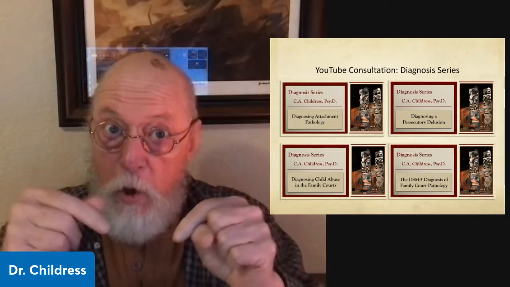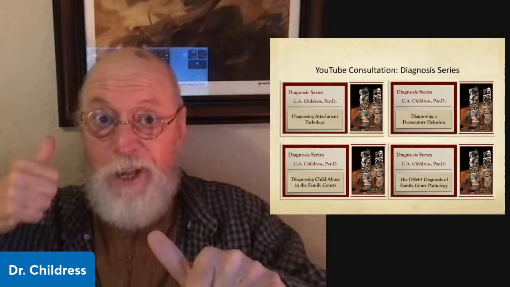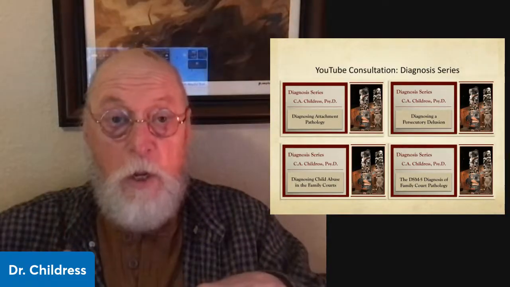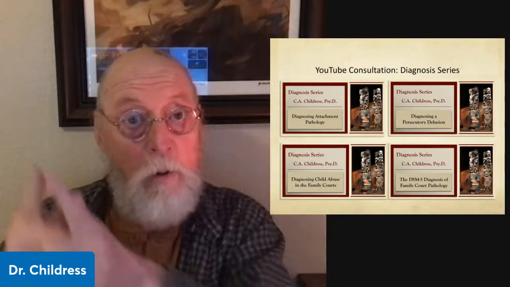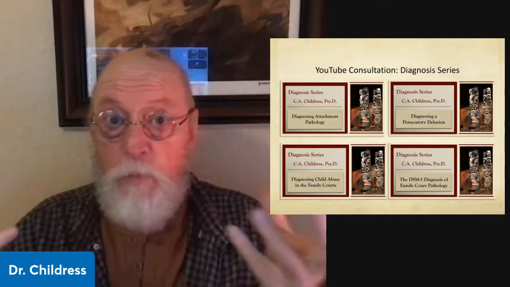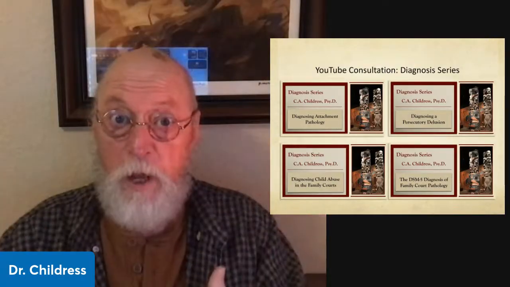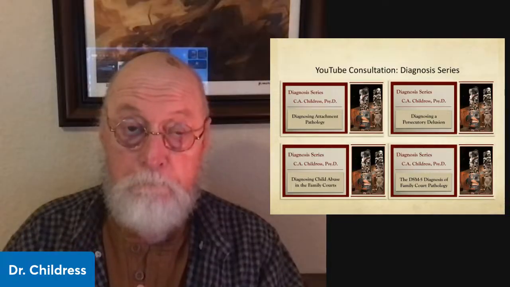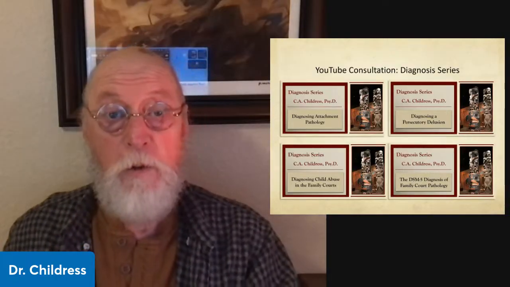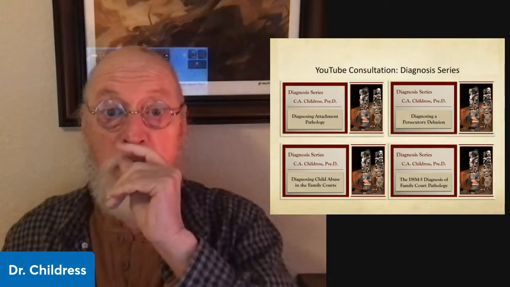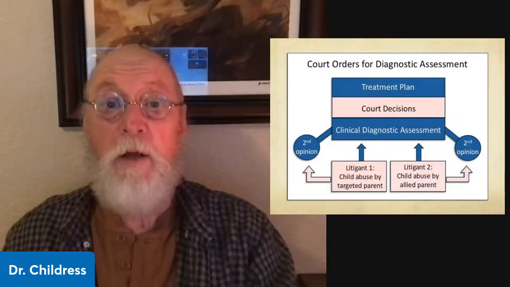That's the only thing that causes a child wanting to flee from a parent: child abuse, either by the targeted parent, or it's psychological child abuse by the allied parent producing a false, factitious attachment pathology to meet their own needs. So what's the diagnosis? So there's your descriptions of how to do that.